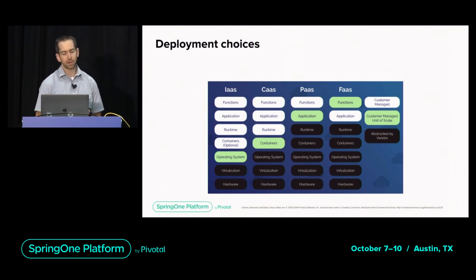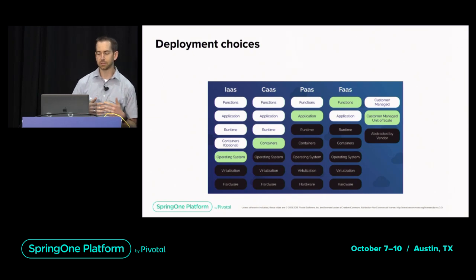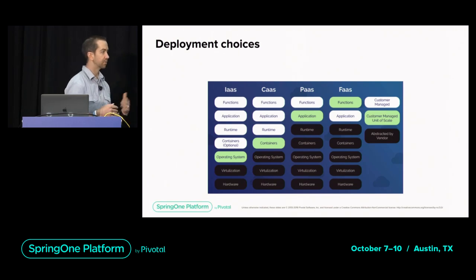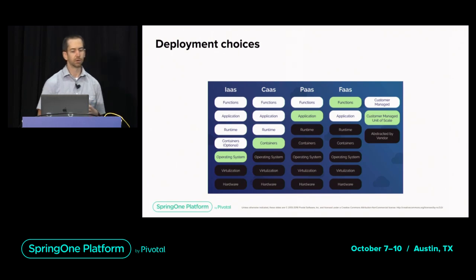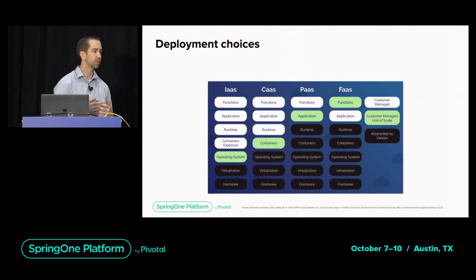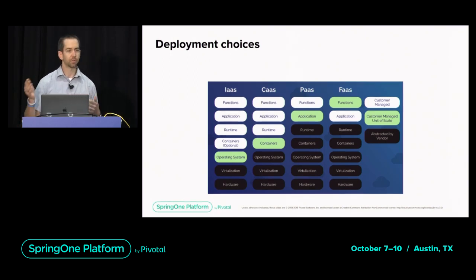The type of platform we choose is really just about the level of control we're giving up to the platform versus what we control as the developer, right? If we go to one extreme, which I think everyone's familiar with at this point, it's infrastructure as a service, where the platform provides the hardware and the virtualization, and then we get to control everything from the operating system up.